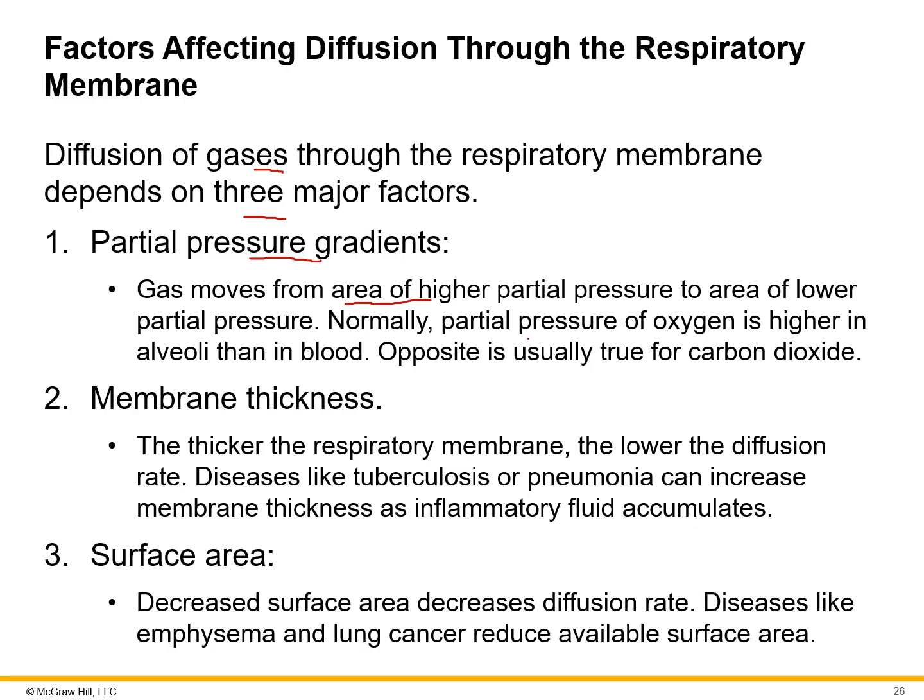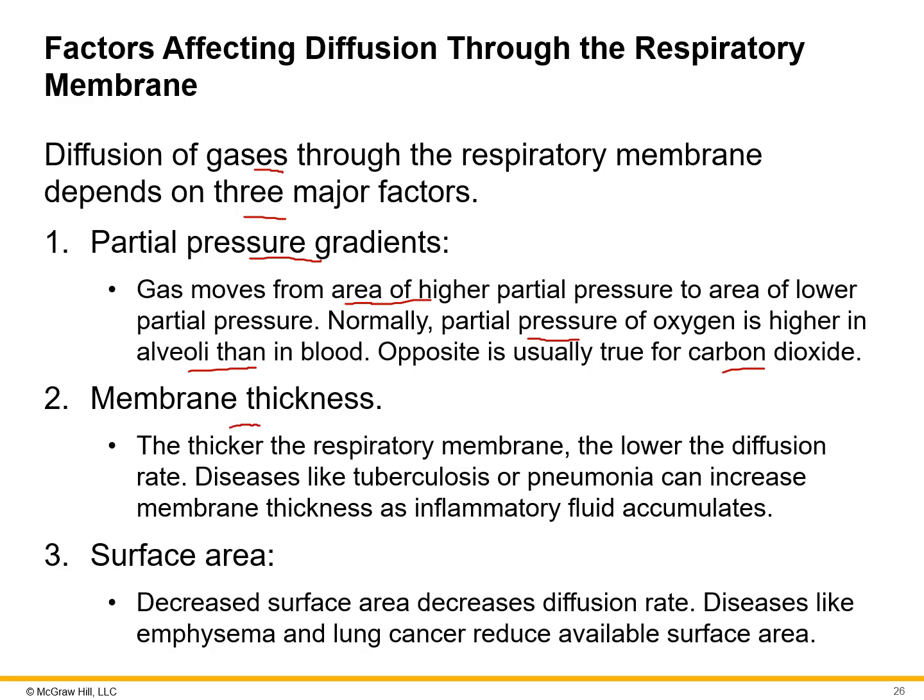Normally the partial pressure of oxygen is higher in the alveoli than the blood, so that's going to allow it to go into the blood. And it's opposite for carbon dioxide. It's lower in the alveoli than in the blood, so it comes out.